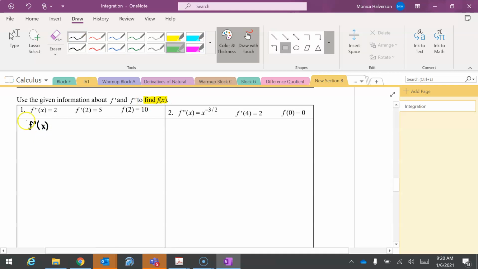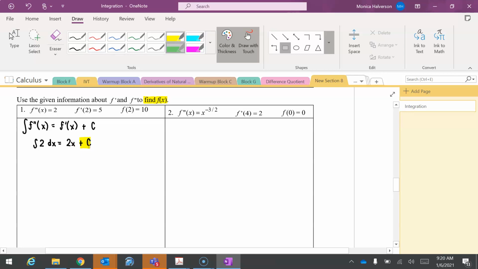Well, we know that the antiderivative of the second derivative is going to equal the first derivative plus c. Okay? And because we know the second derivative is just equal to 2, if we take the integral of that and find the antiderivative, we know it's going to be 2x plus c. Well, this c gives us a slight issue.